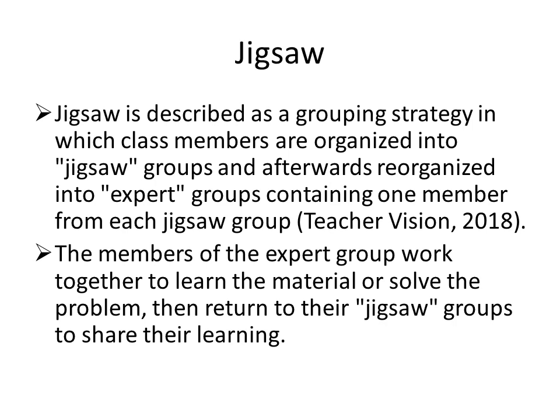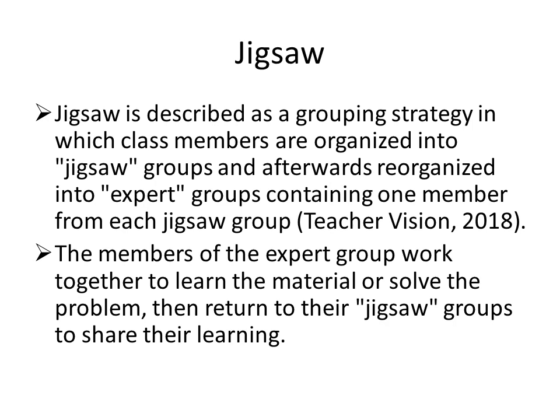Jigsaw has been described by Teacher Vision as a grouping strategy in which class members are organized into jigsaw groups and afterwards reorganized into expert groups containing 1 member from each jigsaw group. In other words, in using a jigsaw method, the teacher assigns his or her class students into groups, either groups of 4 or 5 or 6.